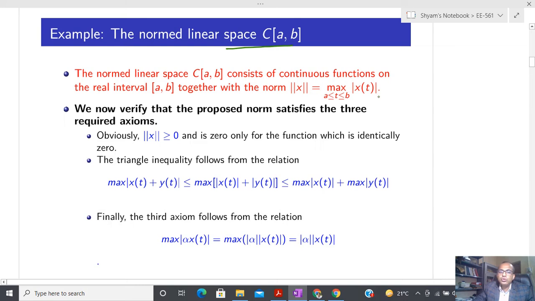Now what I am going to do is add the notion of distance, and you can see that I have added the notion of distance in this way. If I have a continuous function between a and b, then I will take the absolute value between a and b, and I am going to select the maximum one.